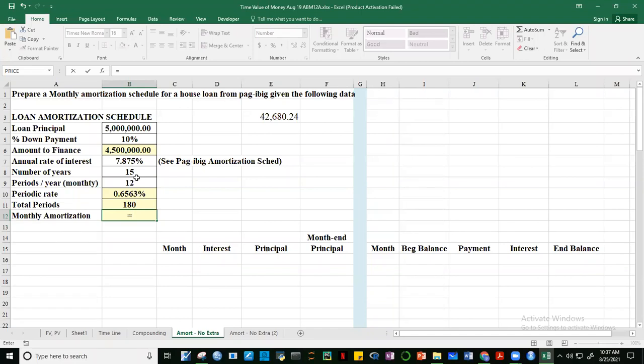Number of periods natin 15 times 12 is 180. Okay, so how do we compute for the annuity, guys? Anong function ni Excel? Anong gagamitin natin?